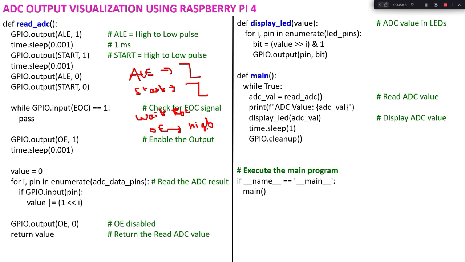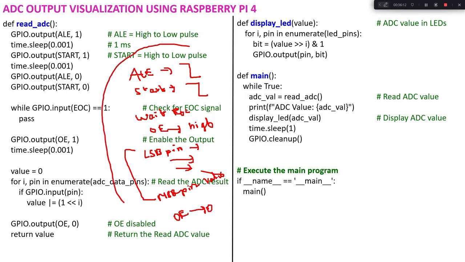Then read the value. I am going to take it from the LSB pin first. The first LSB pin value is read, then the next bit, then the next bit. Finally, I will read the MSB pin value. After reading all this 8-bit data, we set the output enable to be 0. So this is the process by which we read the ADC value.